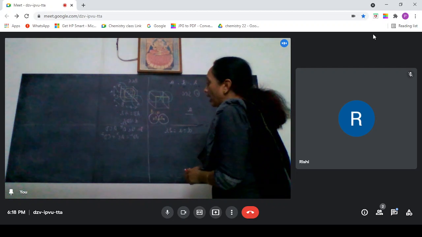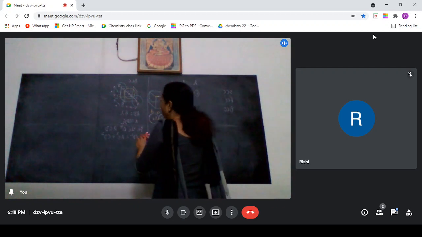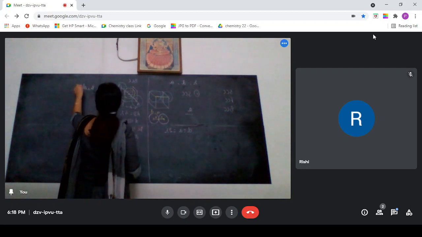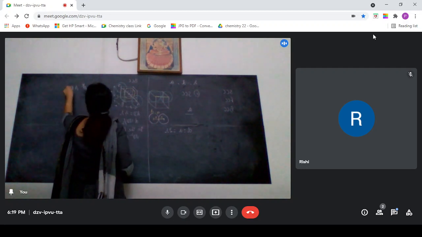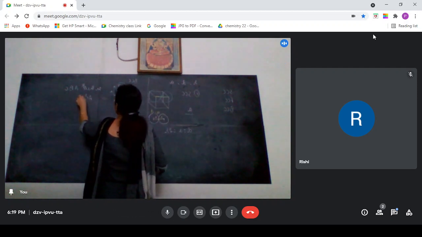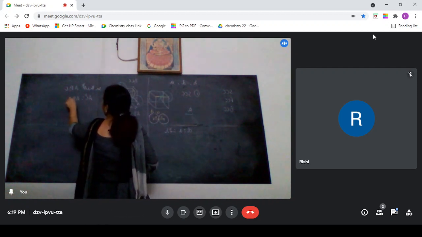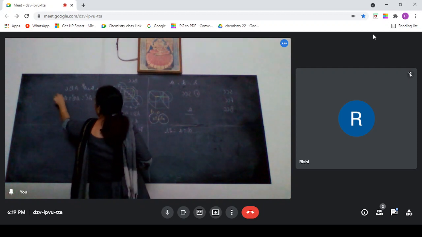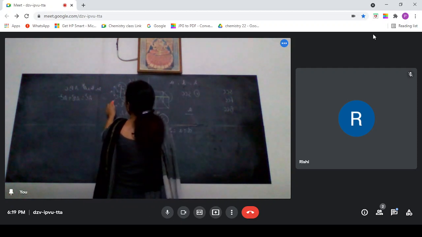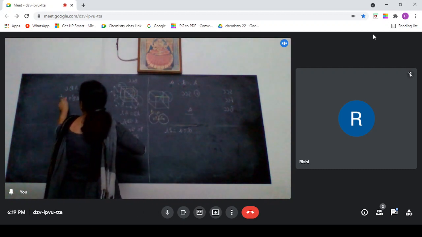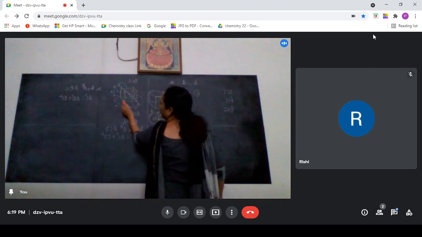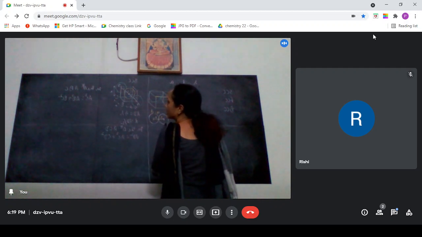Now, in the triangle ABC, the hypotenuse AC square is equal to AB square plus BC square.